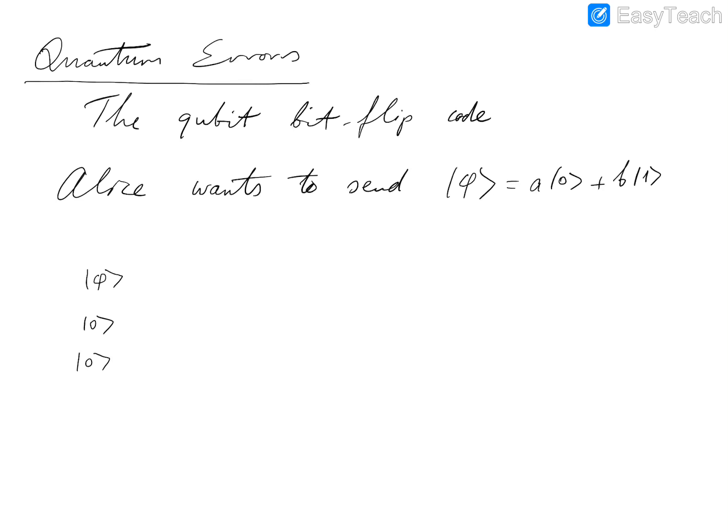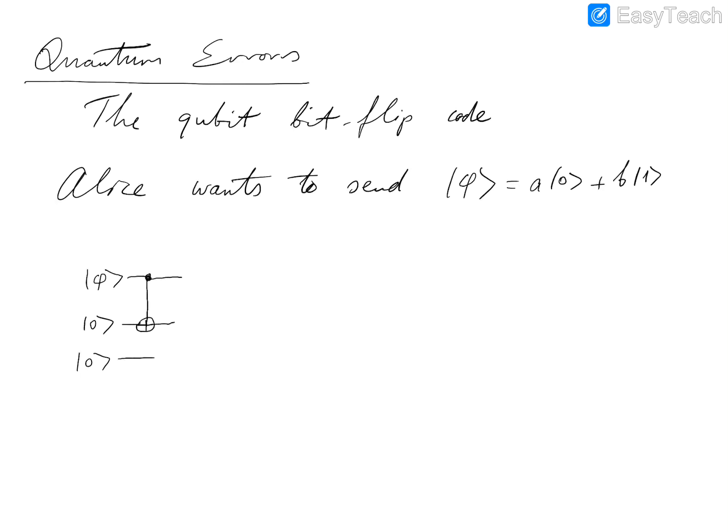And then Alice codes her single qubit state into a compound state of three qubits using two CNOT gates. This is the encoding procedure. She takes the first qubit as a control qubit and applies the CNOT transformation on the second qubit.